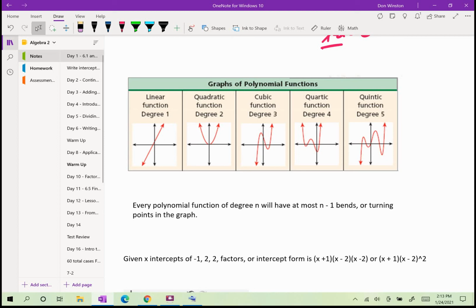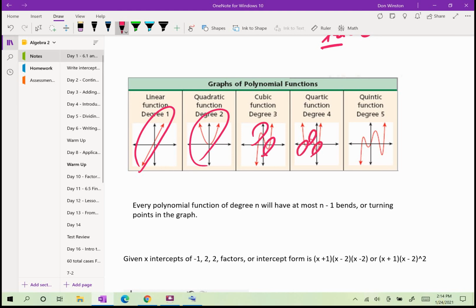Now, every polynomial function of degree n will have at most n minus 1 bends or turning points in the graph. So if I have a degree 1, I have 0 bends. If I have a degree 2, I'll have 1 bend. If I have a degree 3, notice here I have 2 bends, 1, 2. If I have a degree 4, I'll have at most 3 bends, 1, 2, 3.